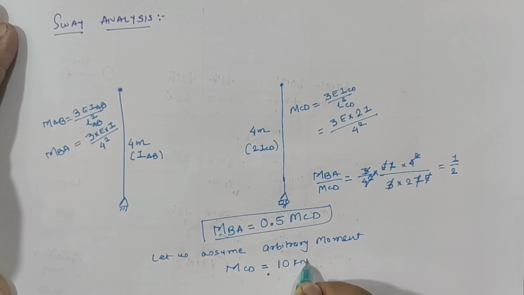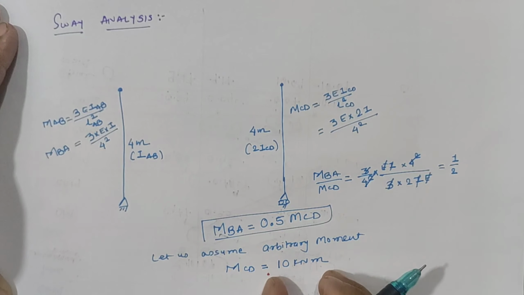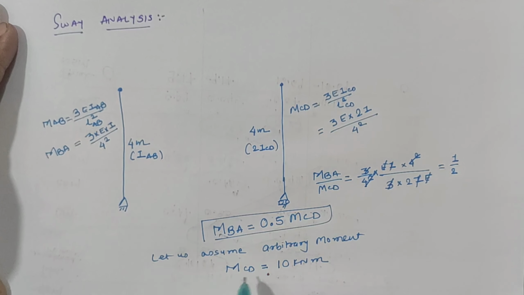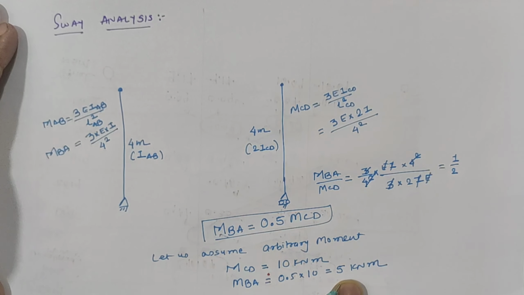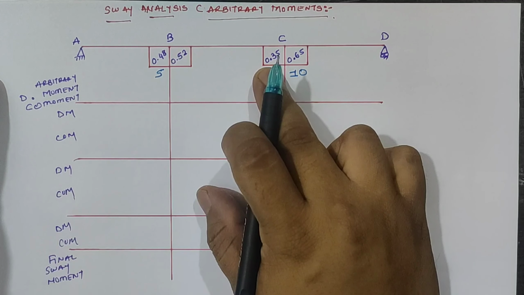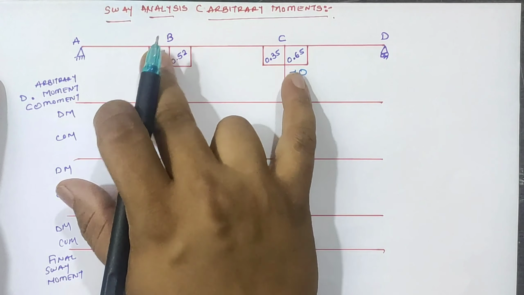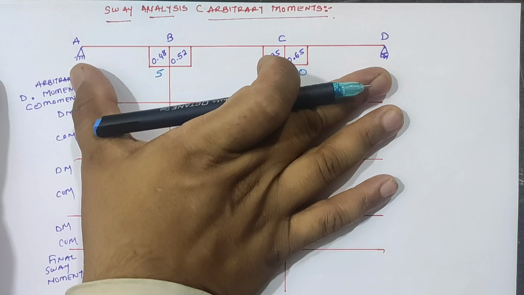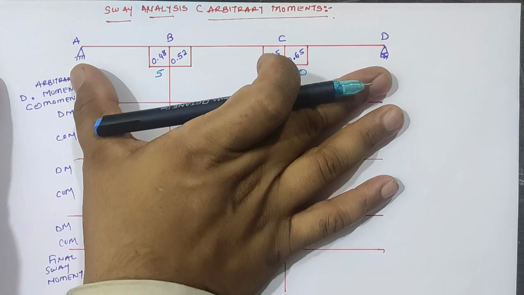Let us assume MCD as 10 kilonewton meter. We can assume any value as an arbitrary moment. Hence, from the relation, our MBA value is 0.5 into 10, which is equal to 5 kilonewton meter. So this value is distributed with the distribution factor at B and C for the sway analysis. Now the distribution factors are 0.48, 0.52, 0.35, 0.65 at B and C, as well as the support conditions at A and D from the non-sway table.